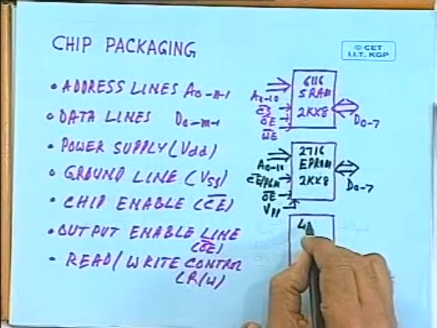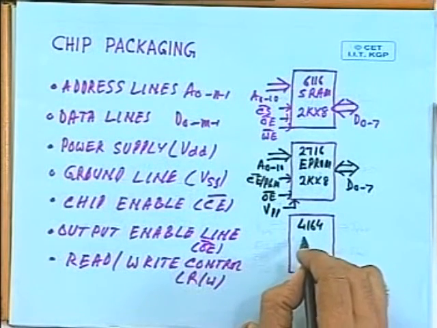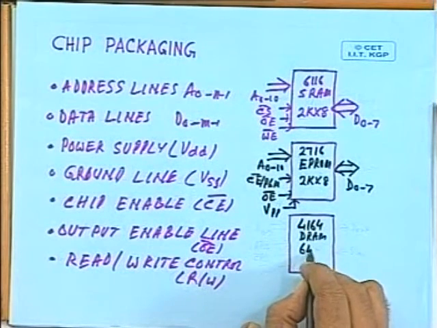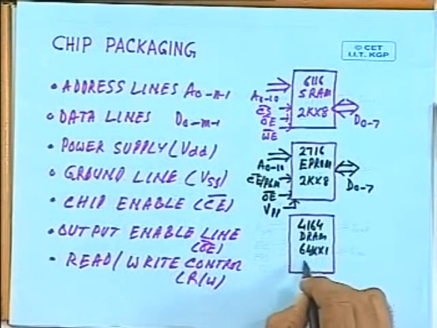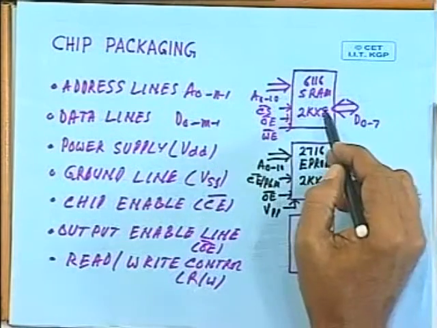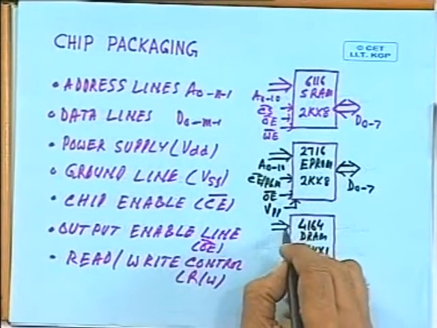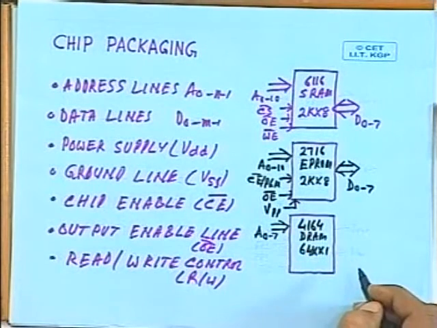Then you have got another RAM, that is your dynamic RAM, 64K into 1. So you see the capacity is much higher than the static RAM or EEPROM. Here, as I told, the address lines are applied in multiplexed form.